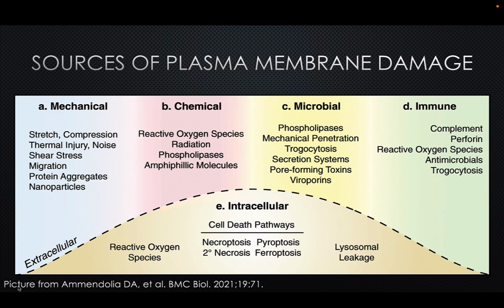Immune cells can damage cell membranes with pore-forming proteins and antimicrobials. This can occur as part of regular immune functions within our body, including immune surveillance and neutrophil extracellular traps. So far, we've looked at extracellular sources of damage, but there are also intracellular sources as well.